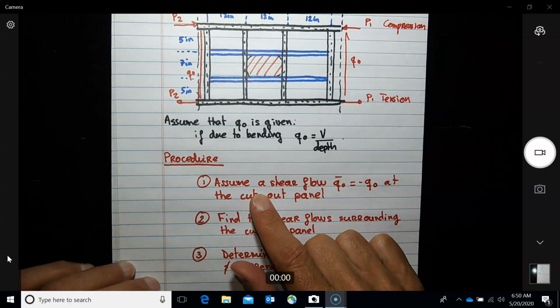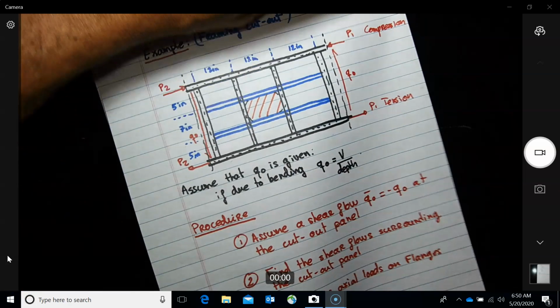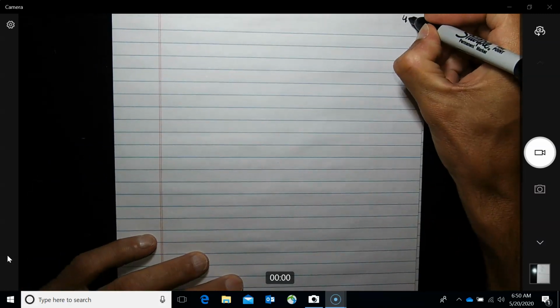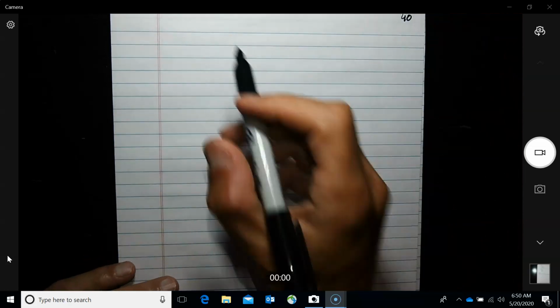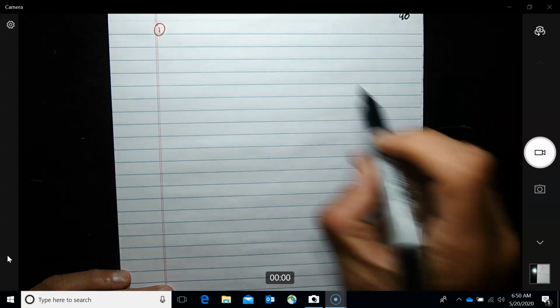Okay, so let us do the first procedure over here. The first step. All right, so page 40. I'm going to simplify the notation, so it will be step 1.